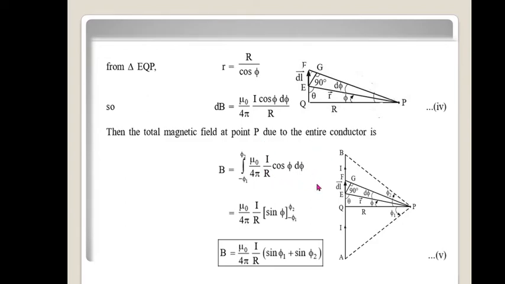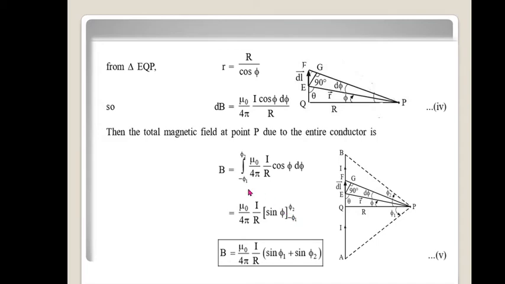Now the very simple thing is to take the constant things outside. What are the constants here? Mu naught by 4 pi into I by r. You are remaining with cos phi d phi. What is the integration of cos phi? All of you know, it is sine phi.